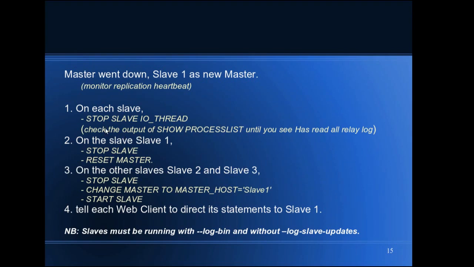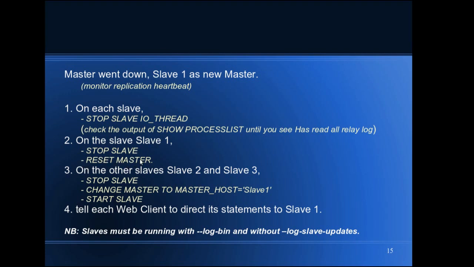First we have to stop the SQL thread on each of the slaves, so that nothing is left in the relay log to be written on a slave host. Now if we want slave 1 to act as a new master, we have to stop the slave threads on slave 1, and we need to reset master.